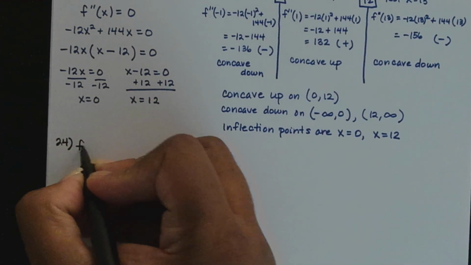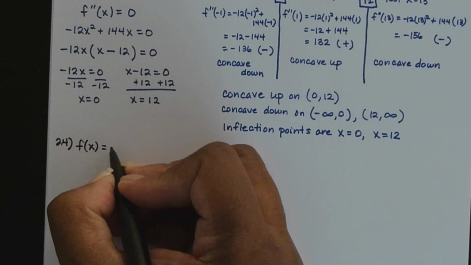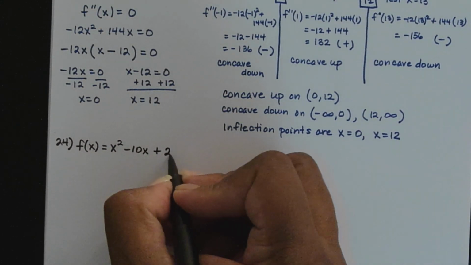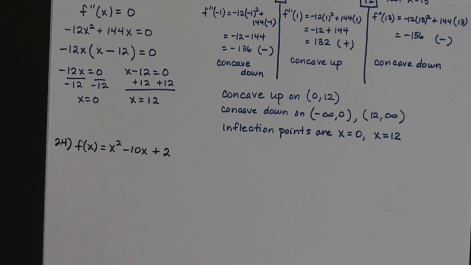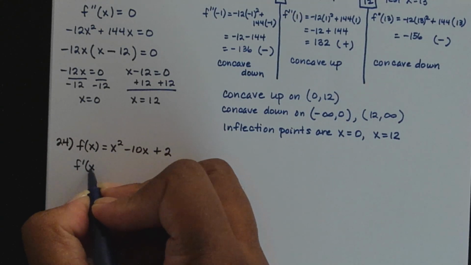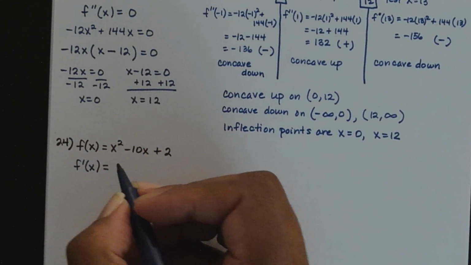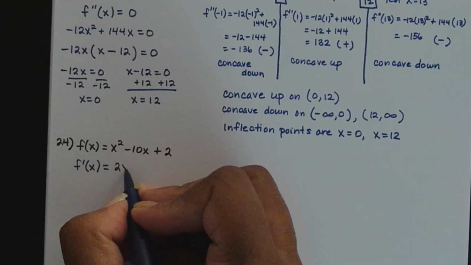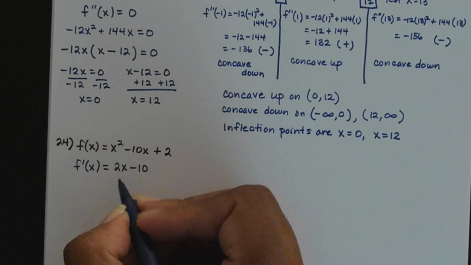So let's go ahead and find the first derivative of this function. What is f prime of x going to be? 2x minus 10.